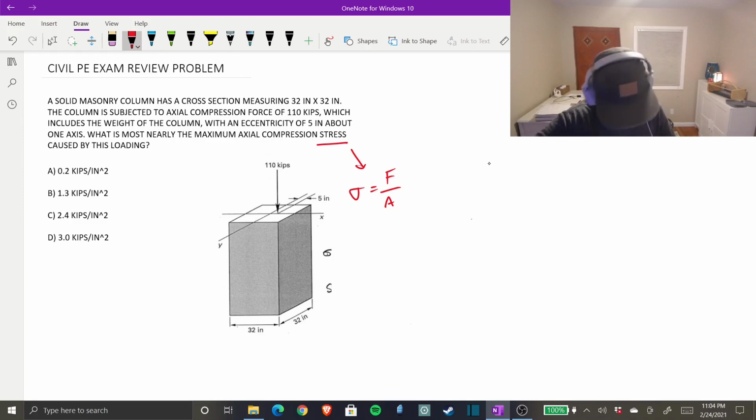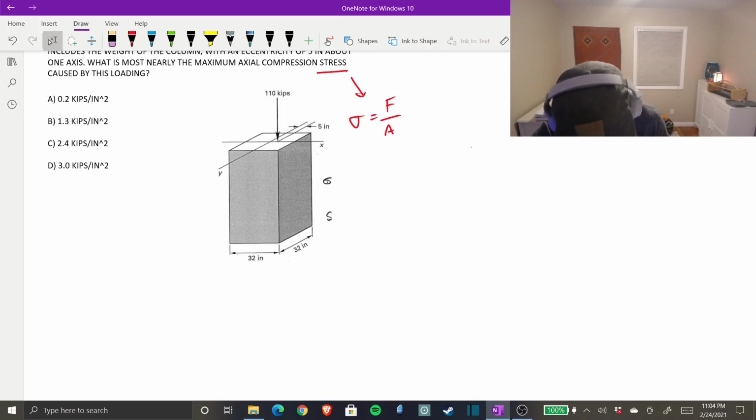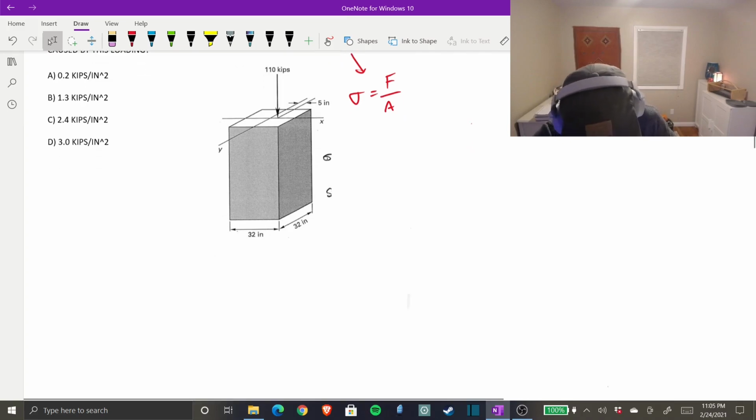In this case, the material doesn't matter. They are simply asking for a stress. Stress is no different in wood, in masonry, in steel, in plastic, in silly putty. Stress is stress. All materials aside, it doesn't change that. Stress is universal, baby.